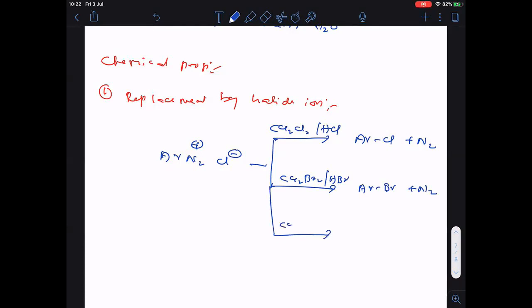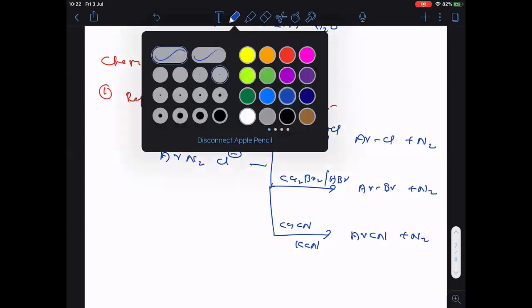Then next one, CuCN by KCN. Okay, so this is called the cyanobenzene plus N2. Clear?